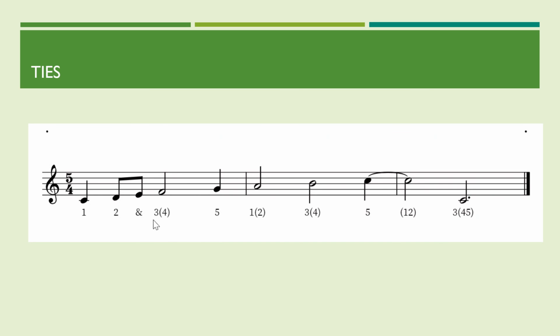So let me do it one more time that way. 1, 2, and 3, 4, 5, 1, 2, 3, 4, 5, 1, 2, 3, 4, 5.